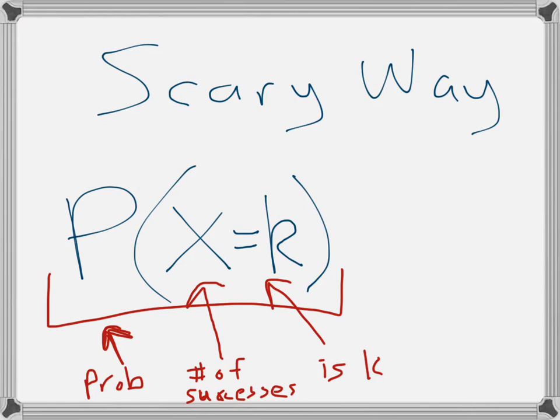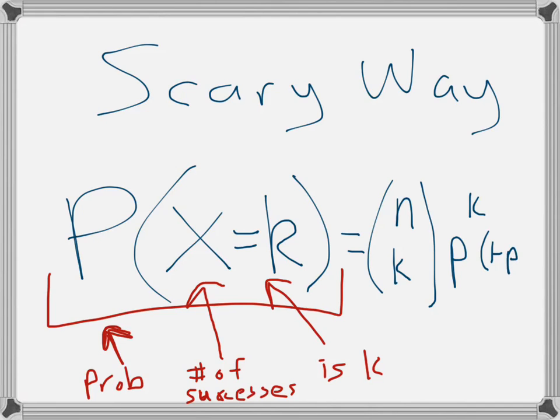You could have greater than k, you could have less than k, but in this problem it is k. And I'm going to show you the formula. That is n choose k, times p to the k, times 1 minus p to the n minus k.